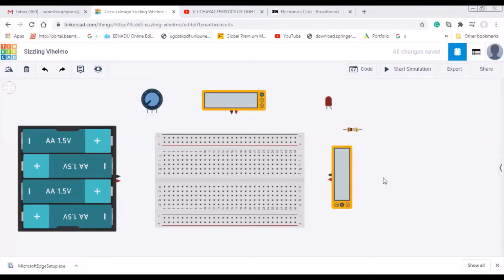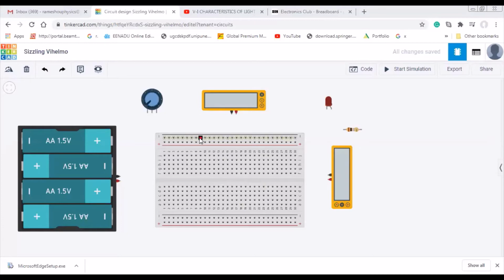Coming to the connection point of view, the breadboard is a construction base for prototyping of electronics. A breadboard is used to make up temporary circuits for testing or trying out an idea. In this breadboard, no soldering is required, so it is easy to change connections and replace the components.